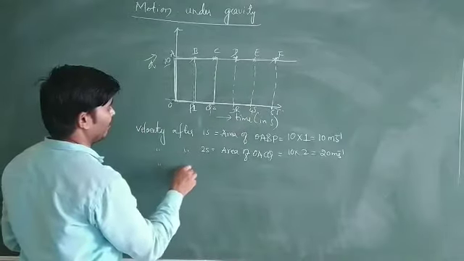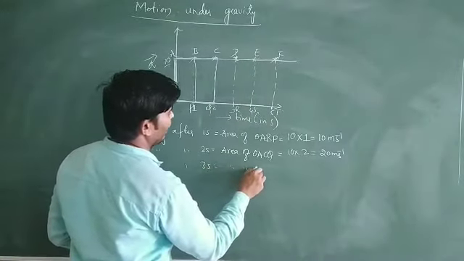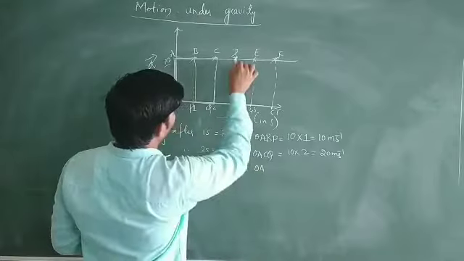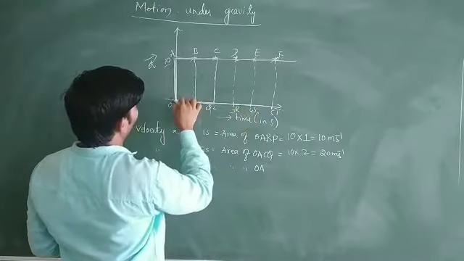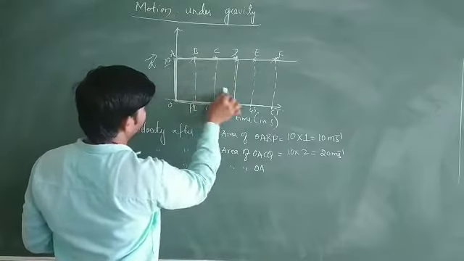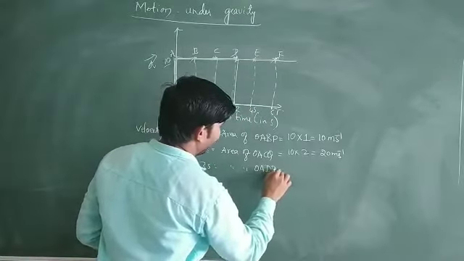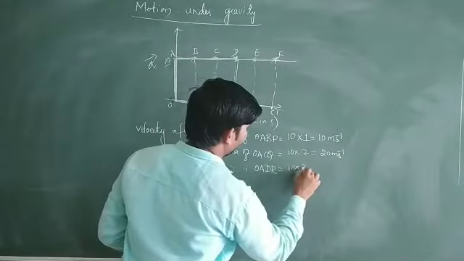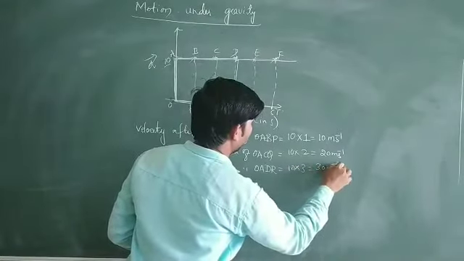The velocity after 3 seconds is the area of OADR, which is 10 into 3, 30 meter per second.